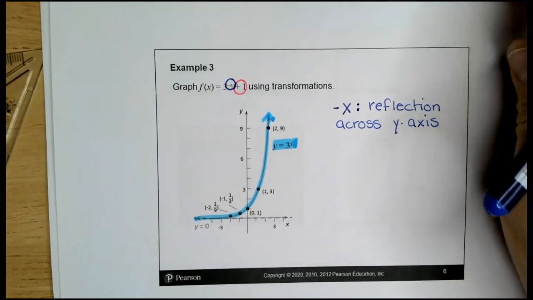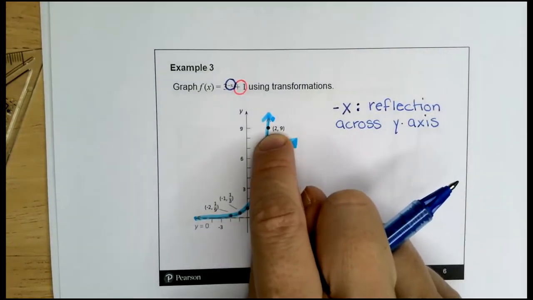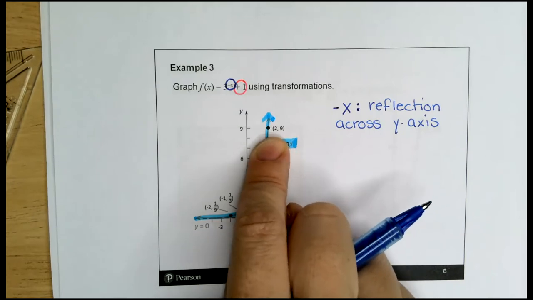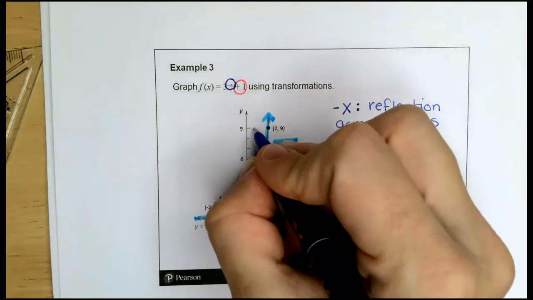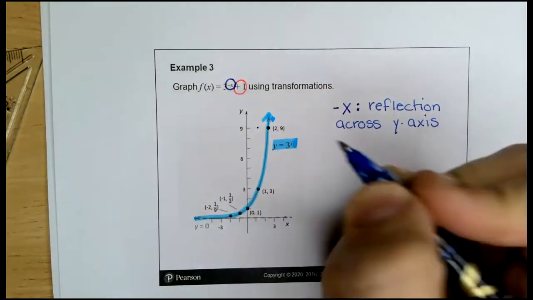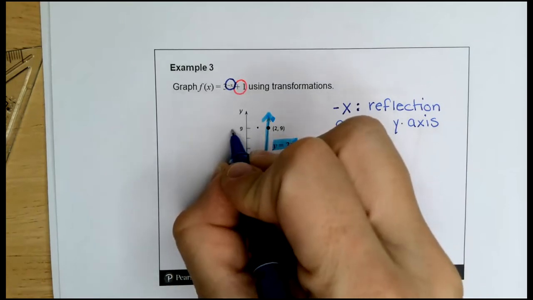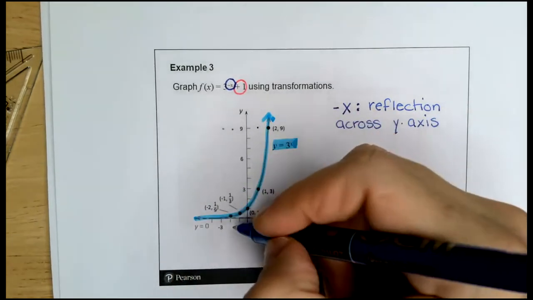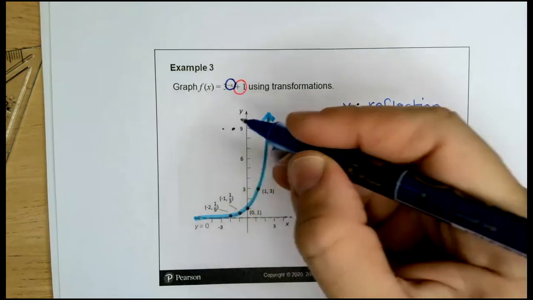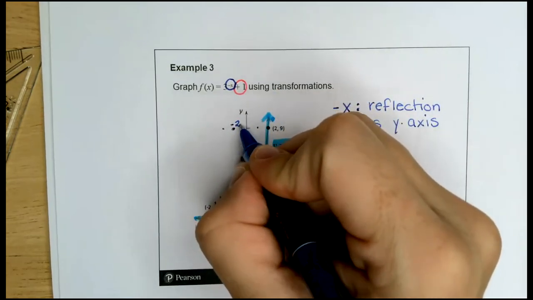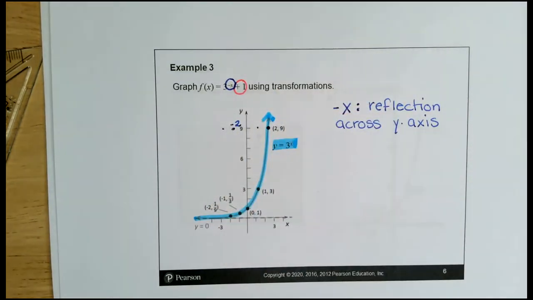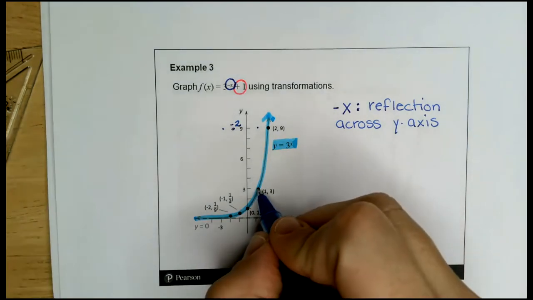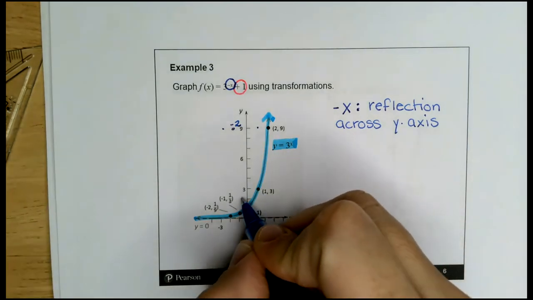So here, my x is 2, right? If I made that into a -2, instead of being 2 positive, I've changed it to 2 on the opposite side. This is a 1, 3.